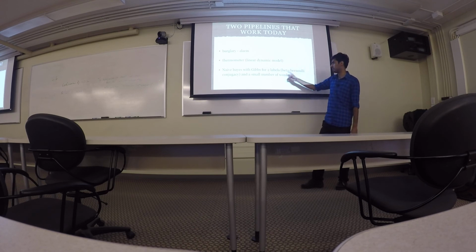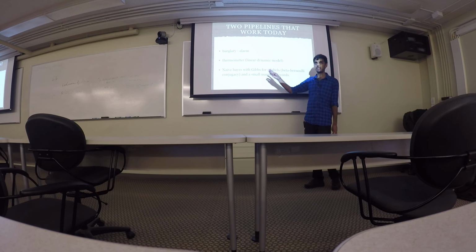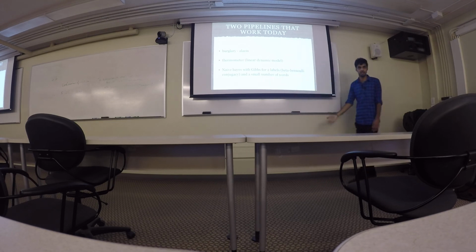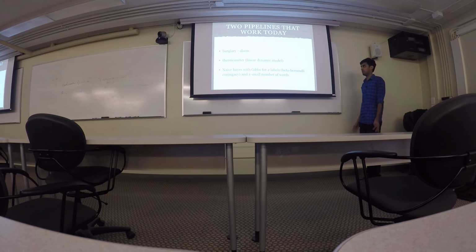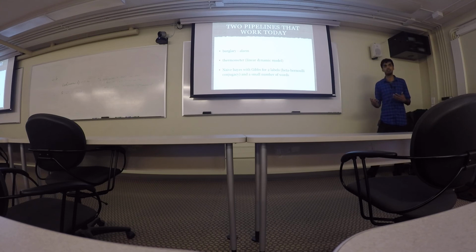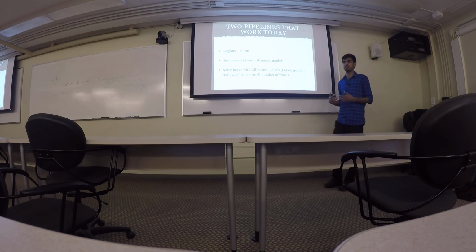In this example as well, when Gibbs works, we basically achieve the performance of a handwritten Gibbs sampler. But in many cases, as the models get more complicated, we can't use inference techniques like Gibbs yet.